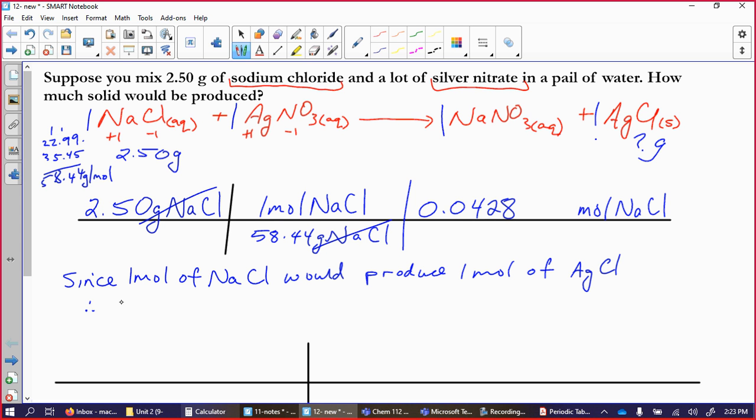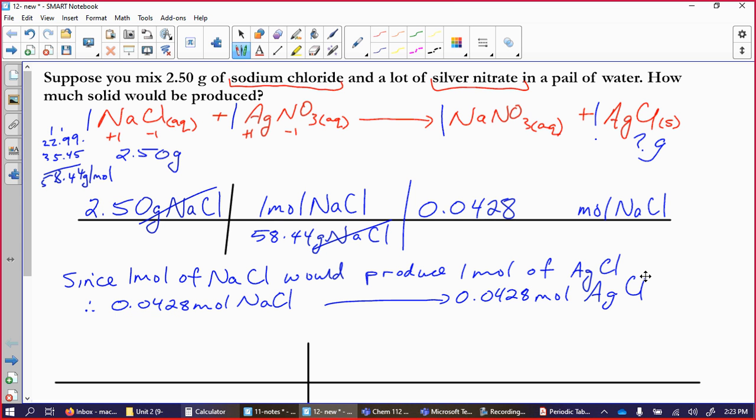and we're going to do this in a little bit simpler way, 0.0428 moles of NaCl would produce 0.0428 moles of silver chloride.